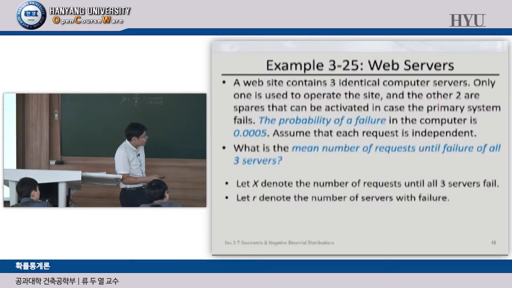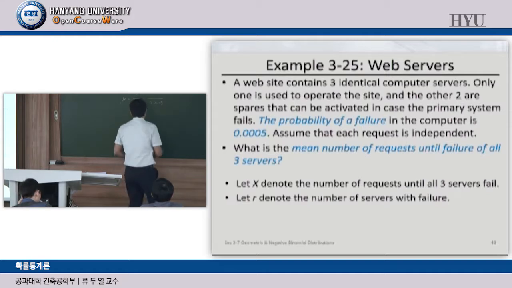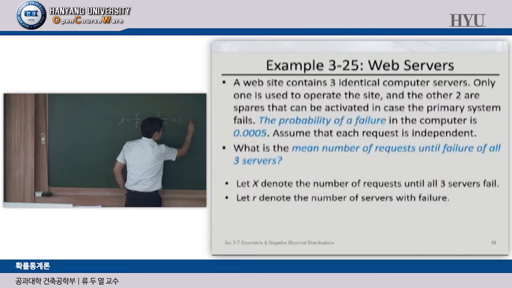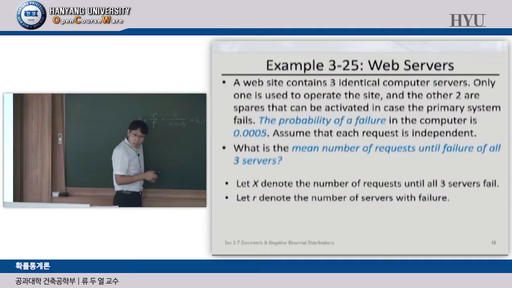But in this case, we have to find the mean number of requests until failure of all 3 servers. That means r should be equal to 3, right? So this should be 3 over 0.0005, which equals 6,000. That is the mean for this example.